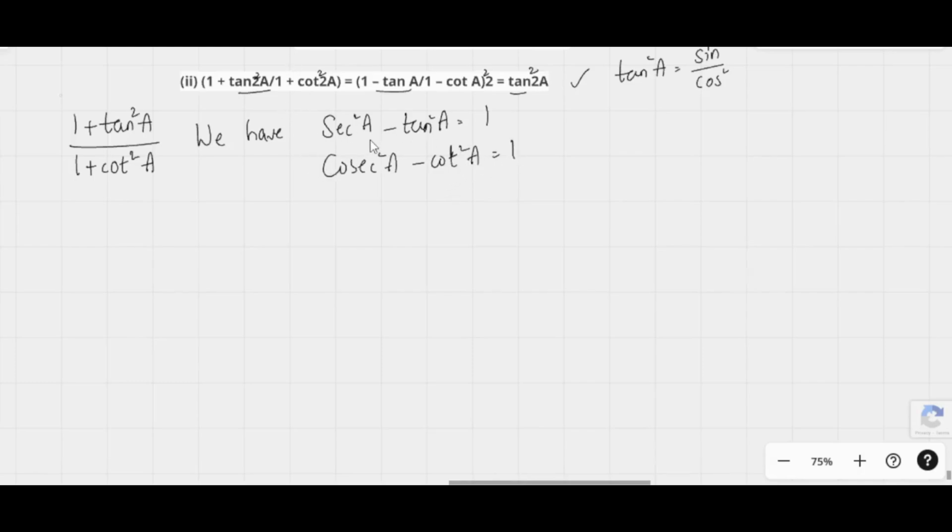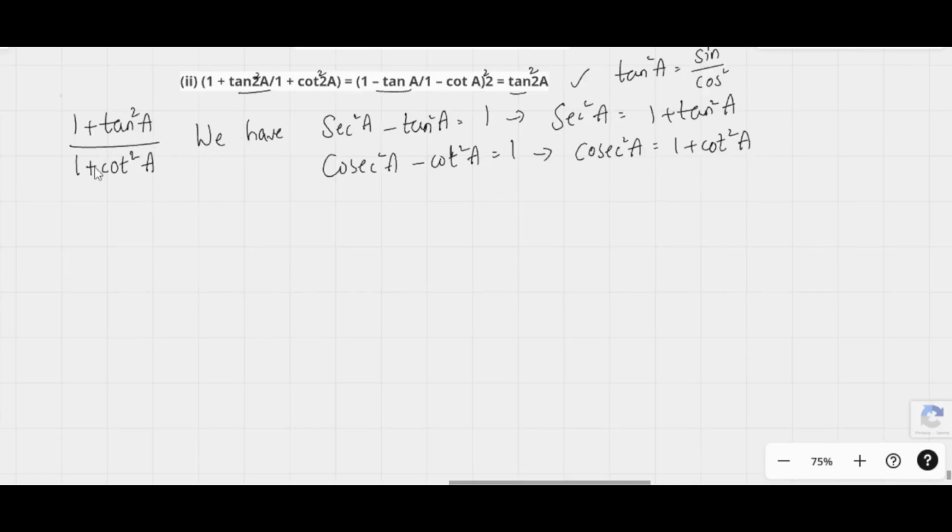So from the first identity I get 1 plus tan square A is equal to secant square A. If I write secant square, the cos term will come in the numerator. And from the second identity, I can write cosecant square A is equal to 1 plus cot square A.